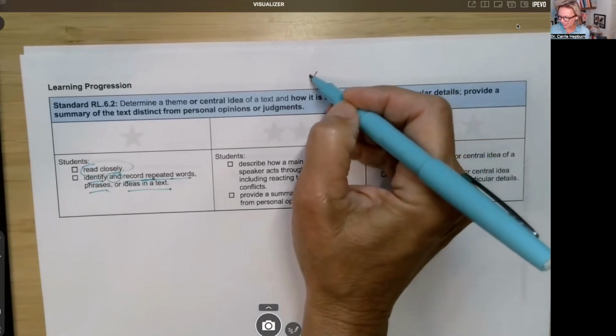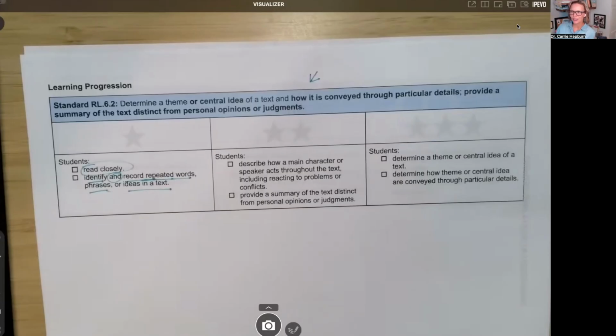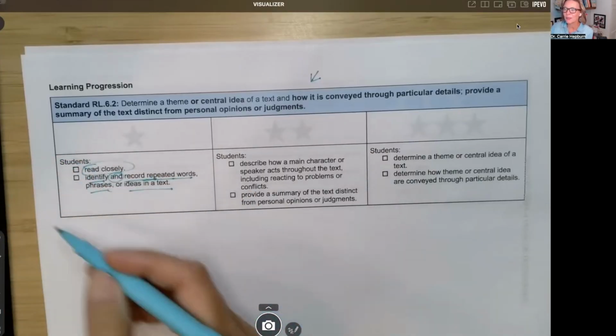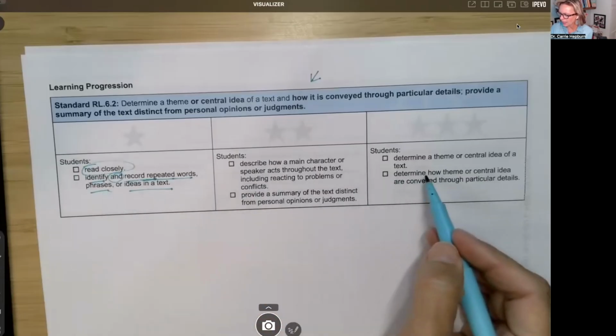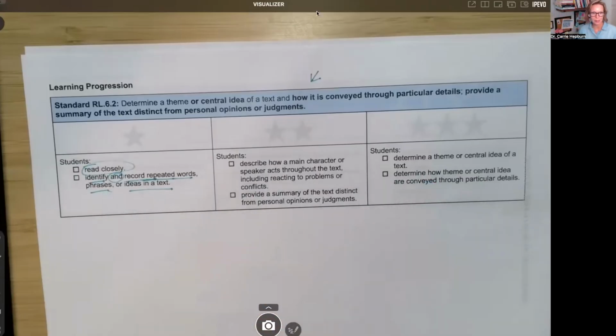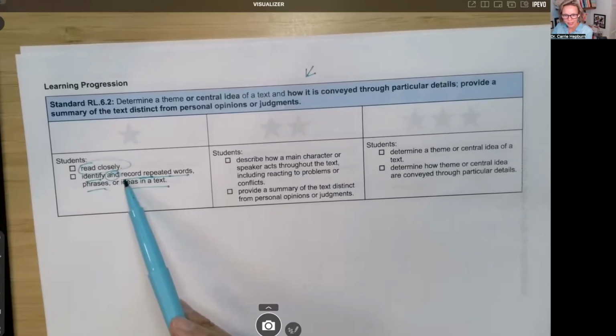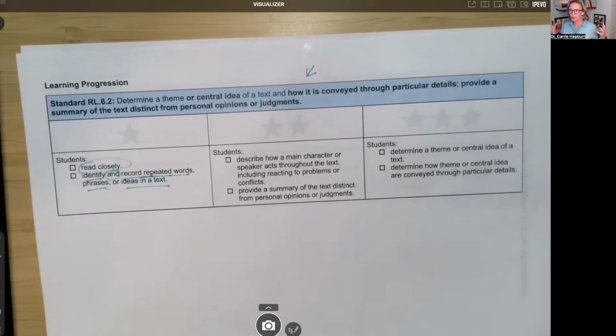That doesn't tell us it here in the standard, does it? But the comprehensive standards guides broke it down to the beginning. What do we need to be teaching in the beginning of this standard in order for students to actually master the standard?